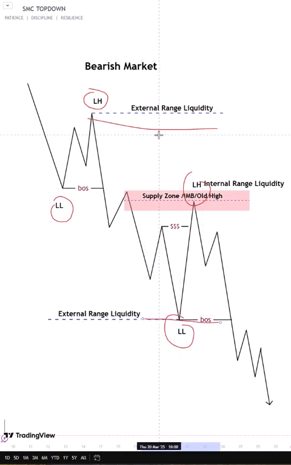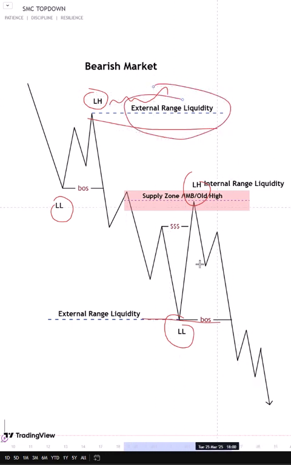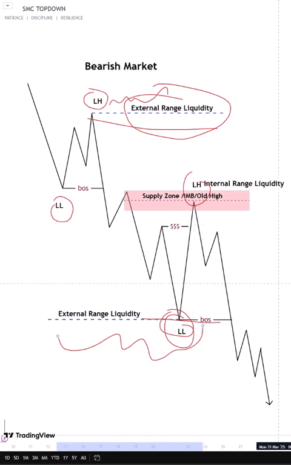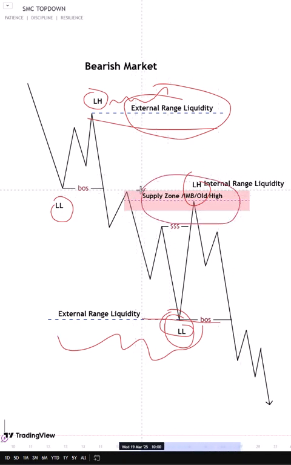After identifying the daily range, liquidity that resides above this swing high is referred to as external liquidity, and liquidity that resides below this swing low is also referred to as external liquidity. Internal liquidity refers to the supply zones in the market, as well as imbalances or old highs.